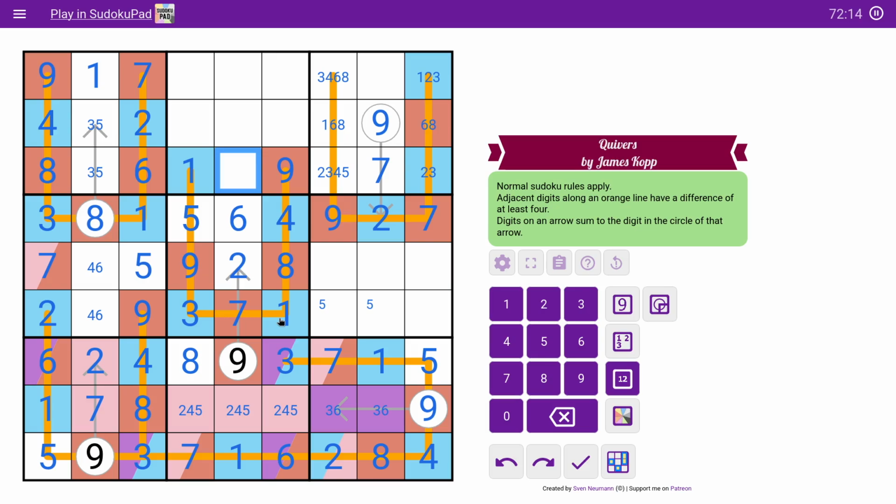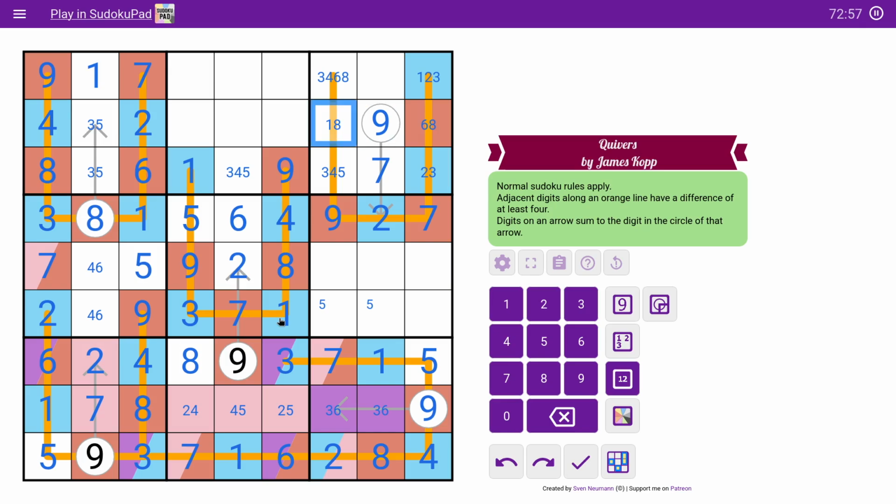This is 2, 3, 4, 5 because of the row, and not 2 because of the column. No 5, no 4, no 2. 2, 4, 4, 5, 2, 5, 3, 6, no 2. No 2 makes this no 6, right? Yeah, that's not gonna happen. 8, 6, 1, 2, 3, 4, 5.